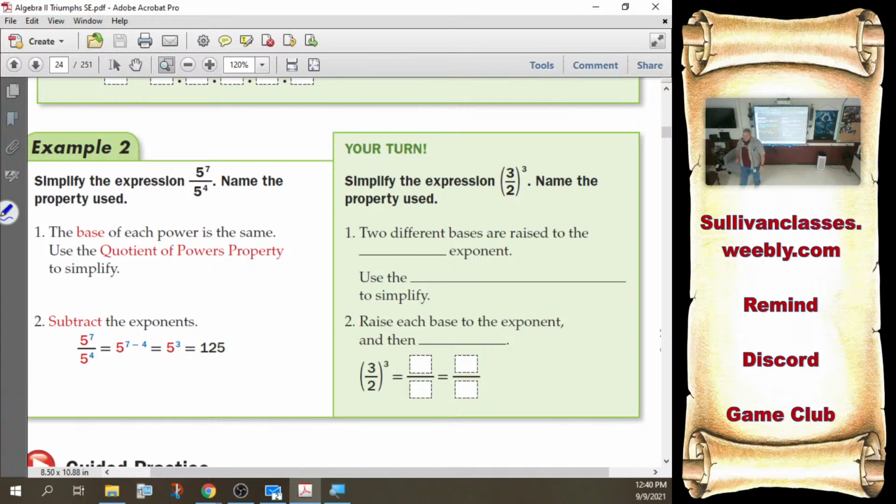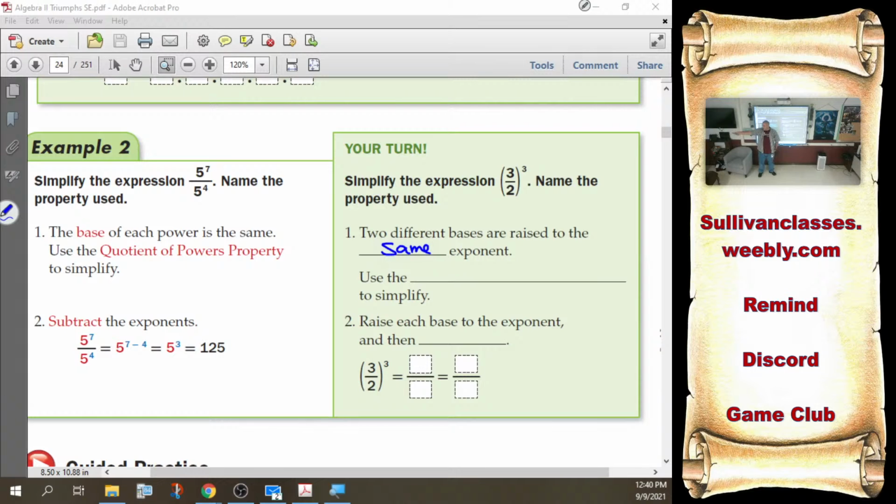Say Micah's standing on top of Caden's shoulders. If I come over there and I shoulder check Caden, you're both going down, right? Because you are both grouped together. So when I hit one, I hit both. Okay? So 2 different bases are raised to the same exponent.